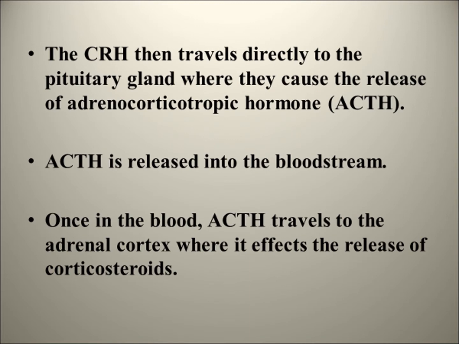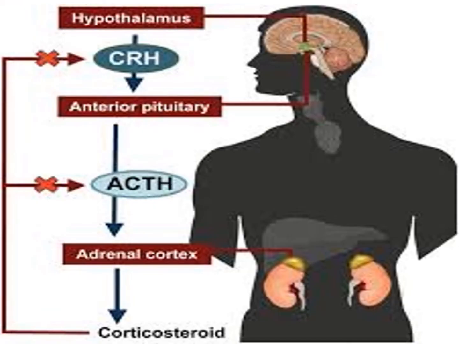The CRH then travels directly to the pituitary gland where it causes the release of ACTH. Alright, then ACTH is released into the bloodstream. Once the ACTH comes in the blood, it travels to the adrenal cortex where it affects the release of corticosteroids. So this is how the secretion of corticosteroid is maintained.